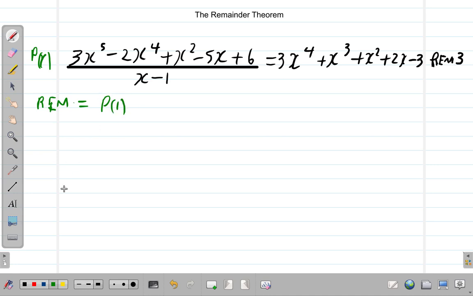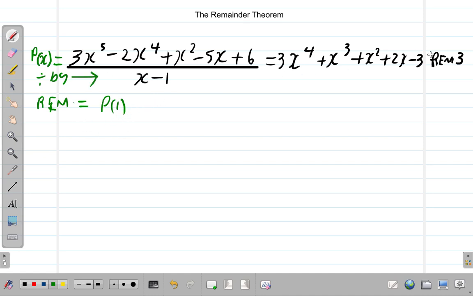Let's try. You get p(1). Remember, this is p(x). Let me rewrite the x here. This is p(x), and it is divided by x minus 1.